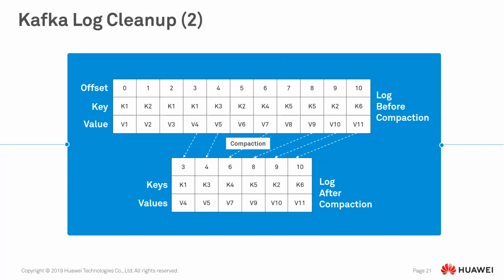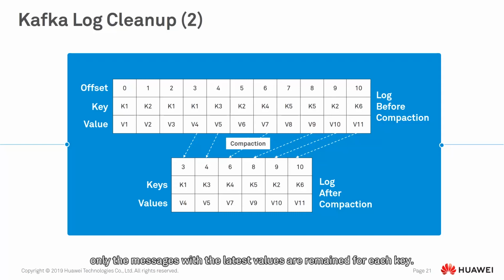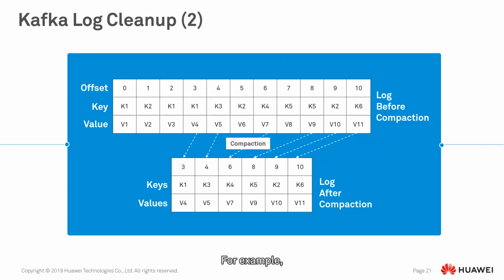After compaction, only the messages with the latest values are remained for each key. For example, K1 has 3 messages whose values are V1, V3, and V4. So after compaction, only the latest message corresponding to K1 is reserved, which is the message whose value is V4.